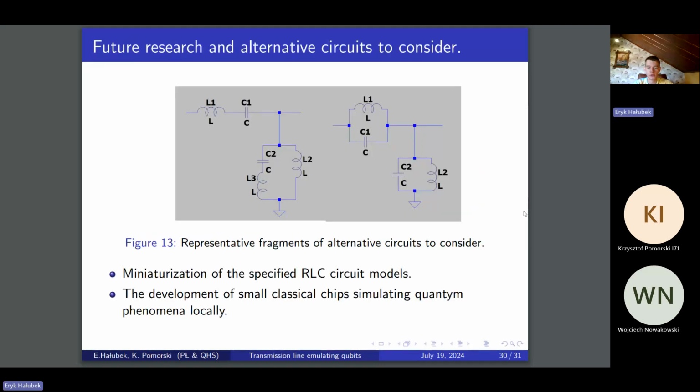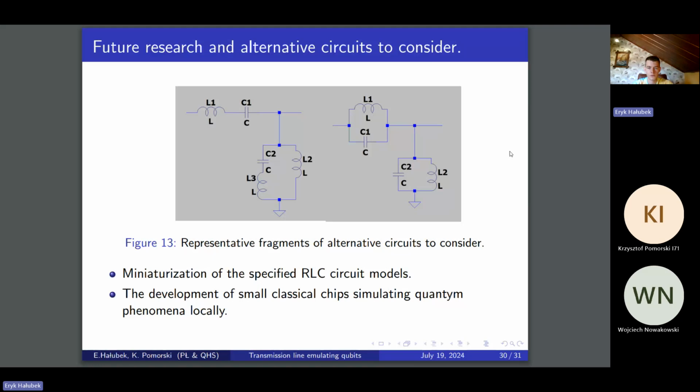In the future, we will be focused especially on these two alternative types of circuits. These are only representative pieces of the circuits using which we could construct the whole circuit by adding them together to each other.